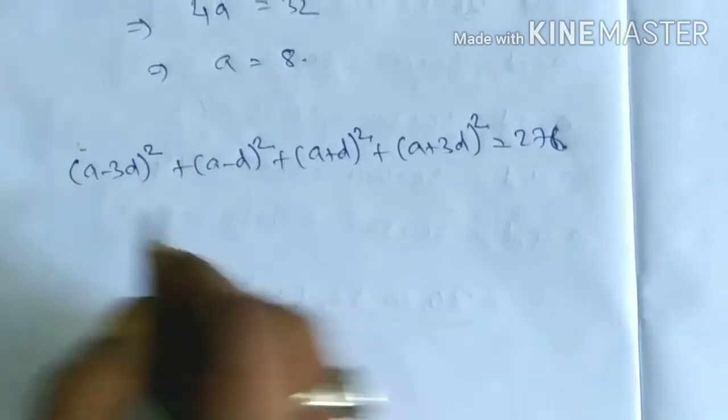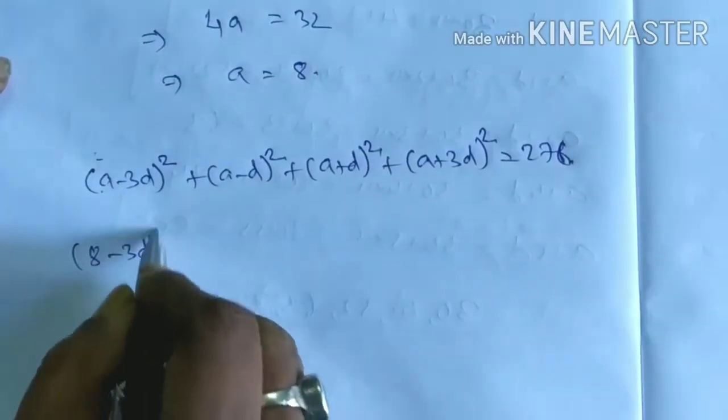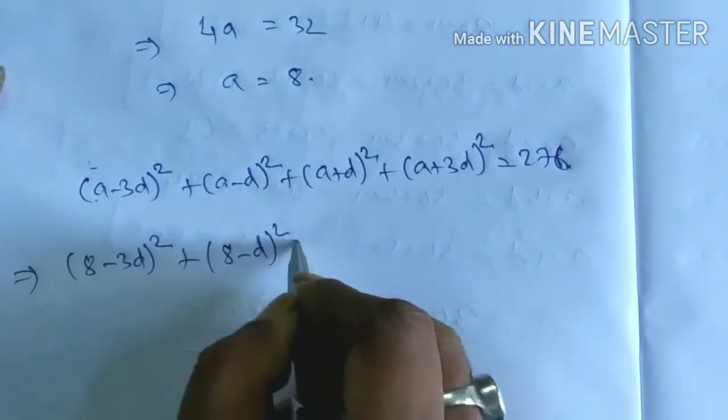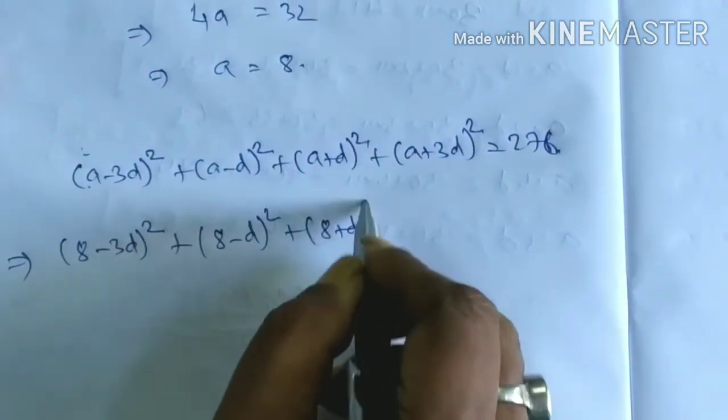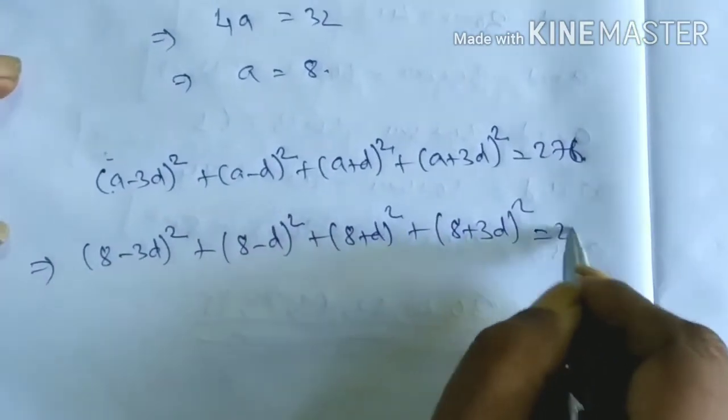Now see, the value of a is 8. So 8 minus 3d the whole square, 8 minus d the whole square, 8 plus d the whole square, 8 plus 3d the whole square is equal to 276.